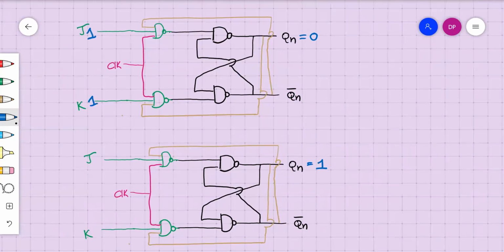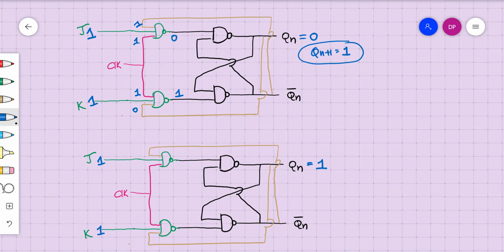Clock is 1 here, and when Qn is 0, you get a 0 here. Any input that is 0 results in 1, and here clock is 1 and Qn complement is 1, so it results in 0. So the input to the SR latch is 0, 1, and the output is 1. So Qn+1 is equal to 1.